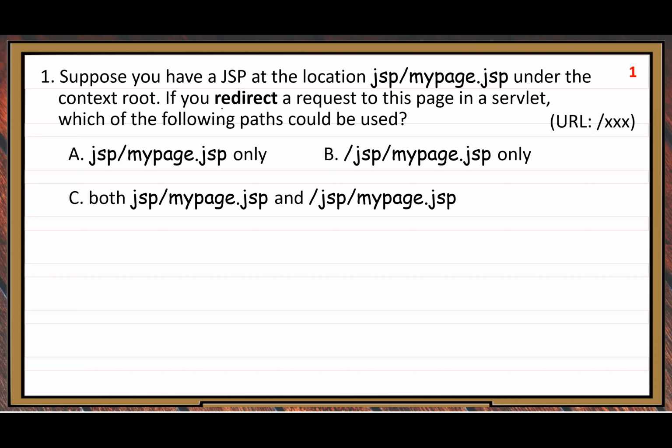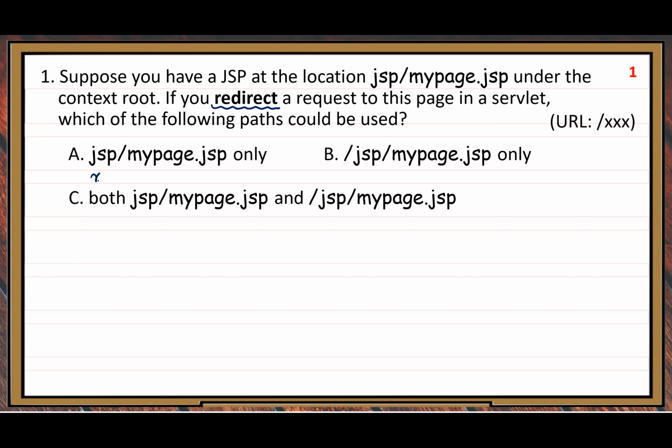If you redirect, this one we do redirect, so we do not do forward, redirect a request to this page in the servlet. Which of the following paths could be used?